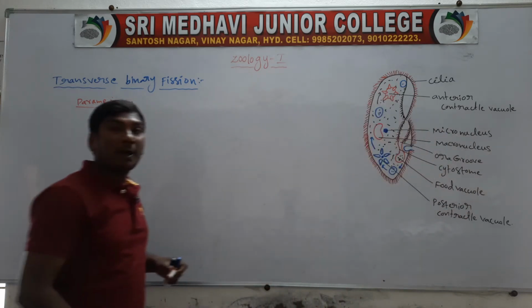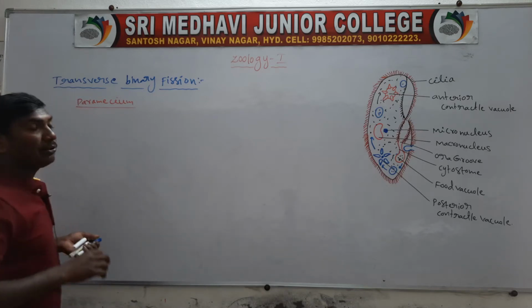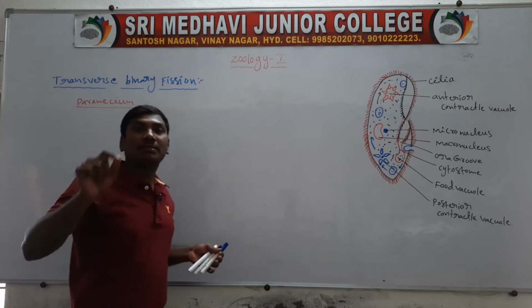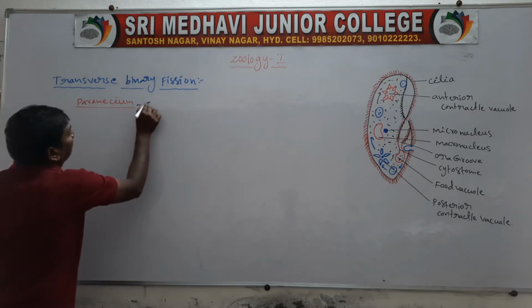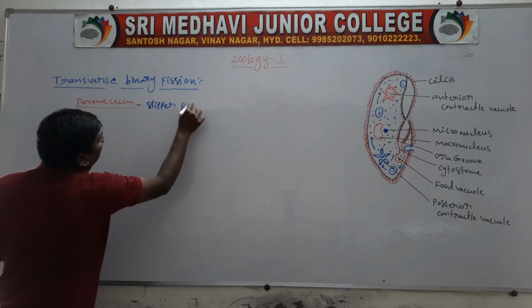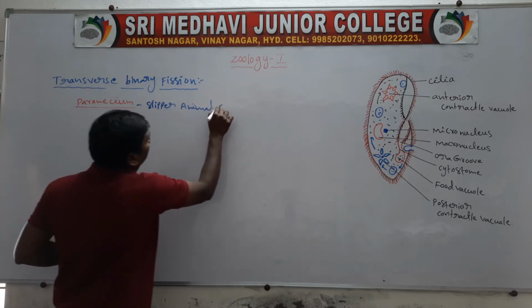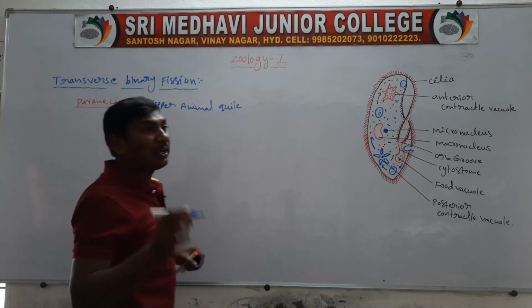Next one. The paramecium is also called slipper animalcule.